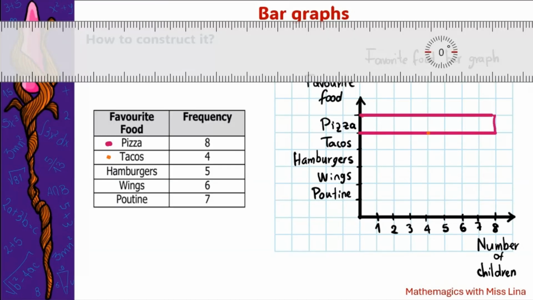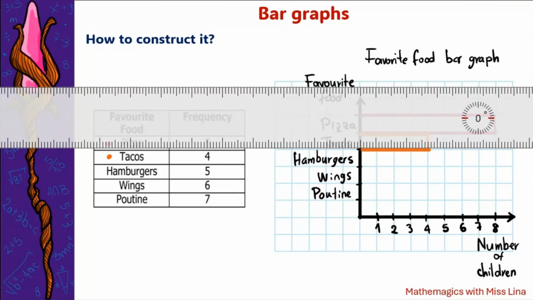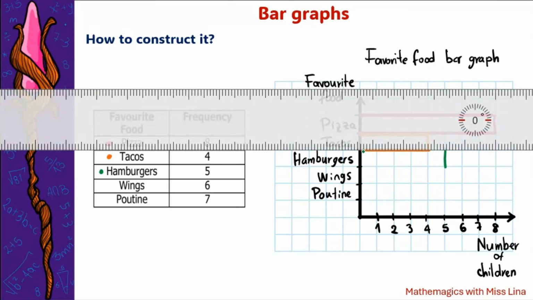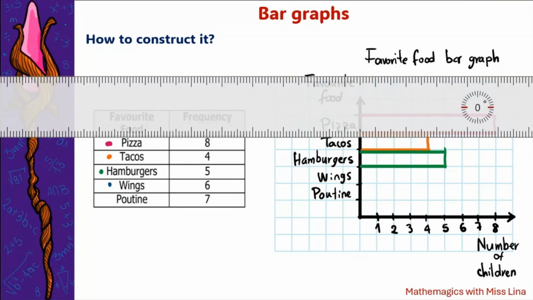Let's use orange for tacos. Let's use green for hamburgers at 5. Let's use this dark blue for wings at 6.